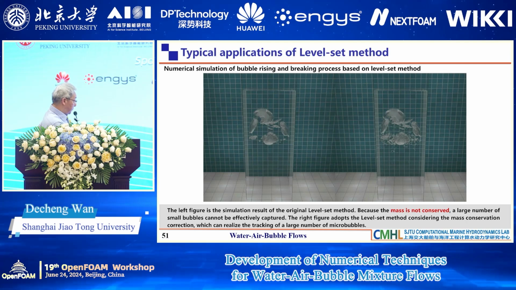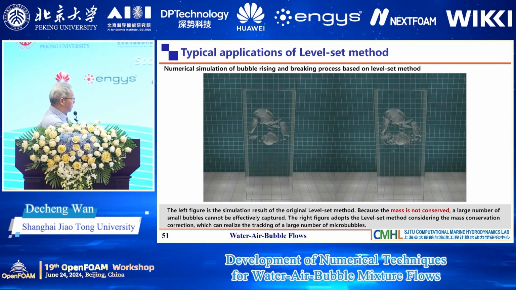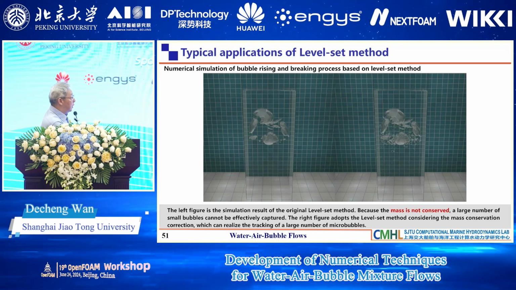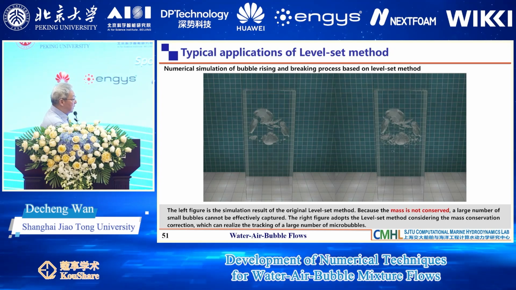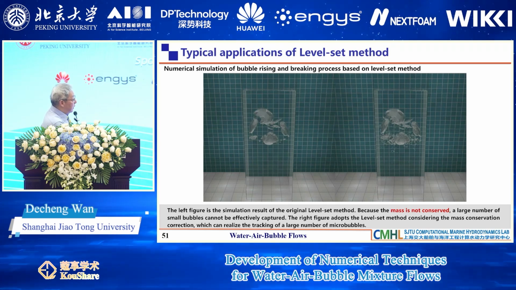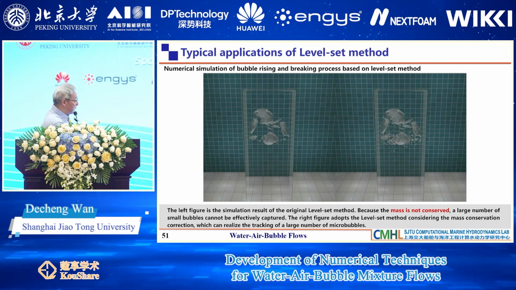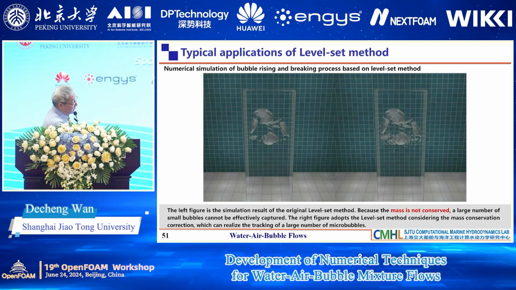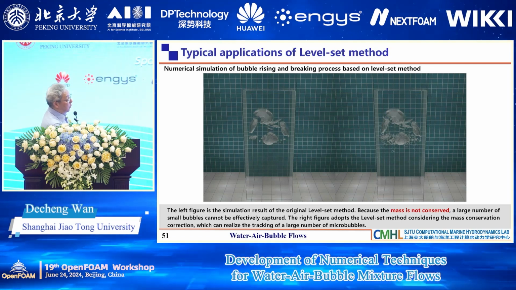This is with the level set. But if you don't do the reinitialization, the mass will be lost. It is not conservative. But here, if you do the reinitialization, then you can keep the mass conservation. Then you can see a lot of smaller bubbles.